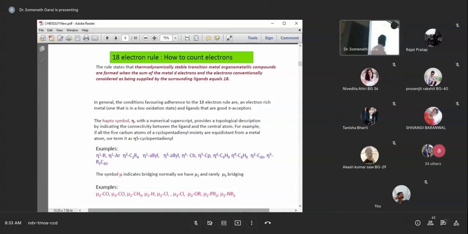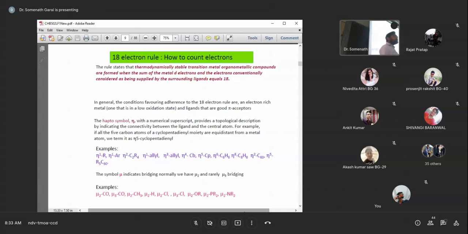Correct? Fine. Now, it can also have a few ligands like CO. That is also nowadays, as I said, taken care of within the periphery of organometallic chemistry. Fine.